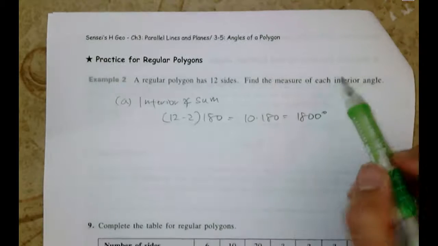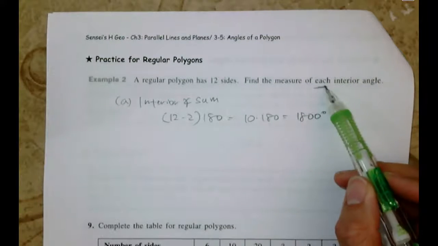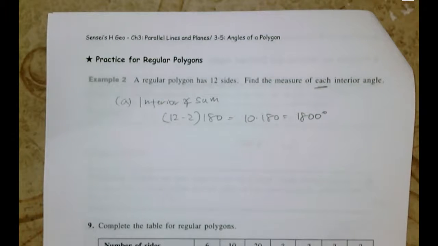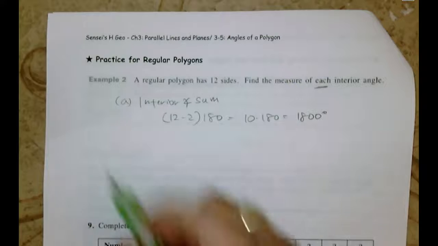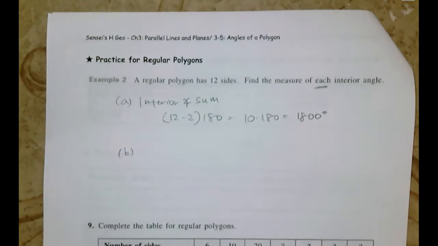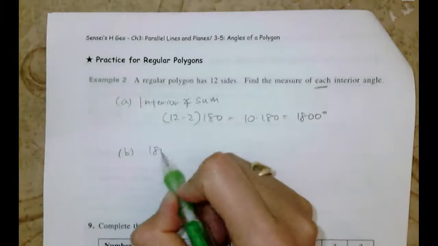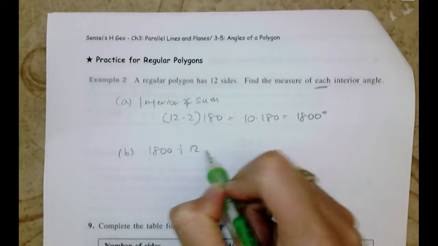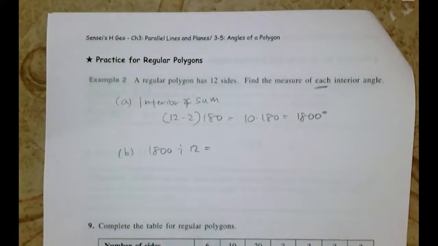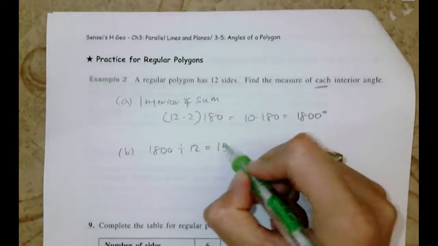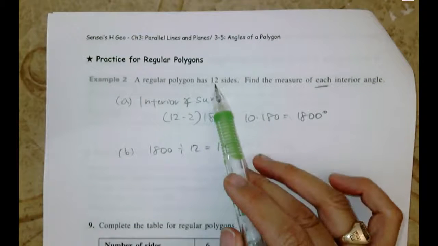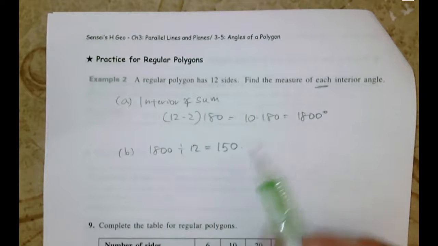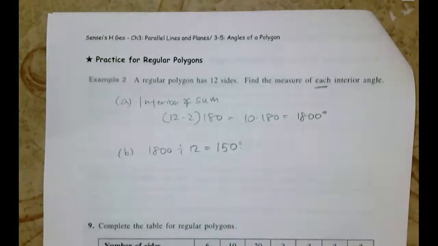Now, how do we find each interior angle, meaning one of them? They are all the same angles, right? So then we just divide by the number of sides. So 1800 divided by 12 equals 150. So for the dodecagon, each angle is 150 degrees.